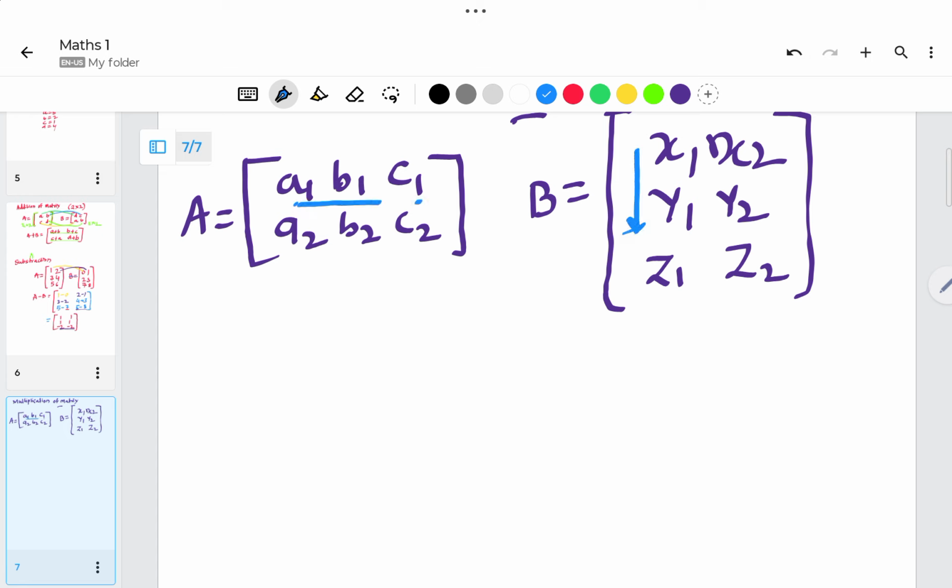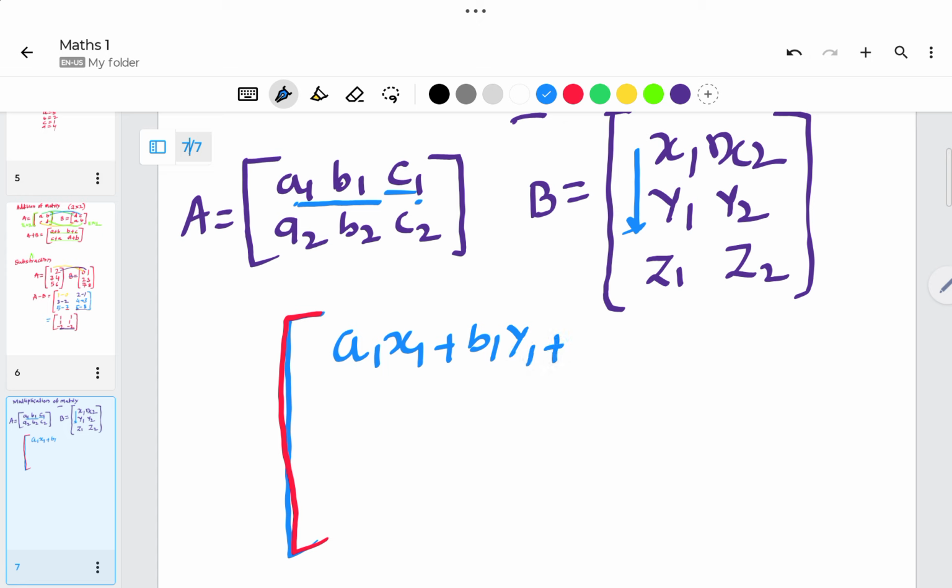So this column you have to take, and this row you have to use. Carefully look at how I write it. This row and this column I am writing. So a1 x1 plus b1 y1 plus c1 z1. So this is what I have taken.